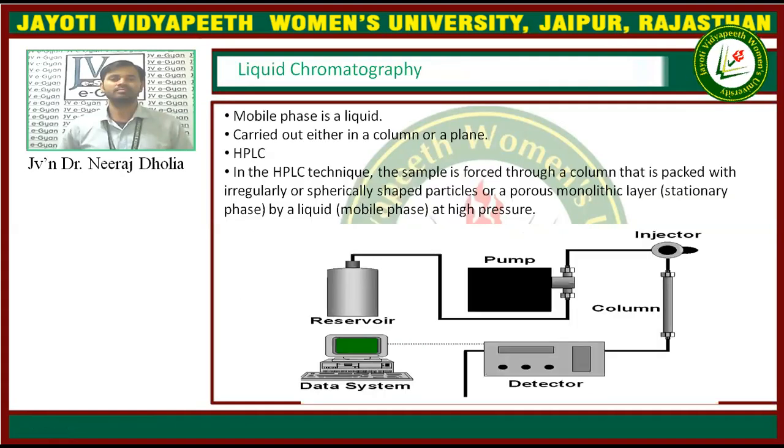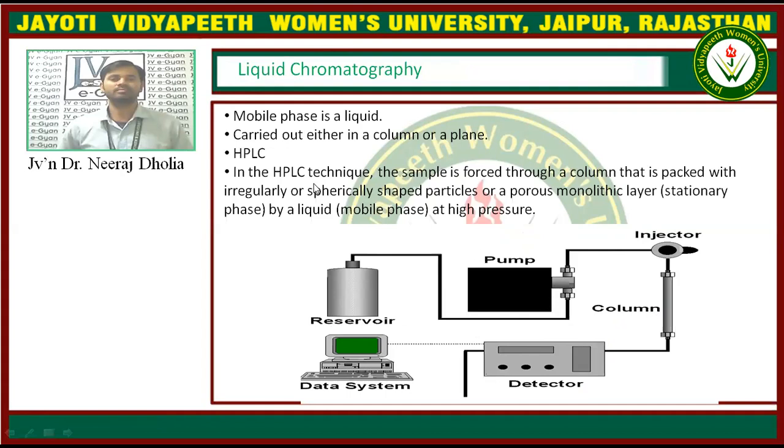Next is liquid chromatography. The best example of liquid chromatography is HPLC, which is a modified version of liquid chromatography. What is liquid chromatography? Here the mobile phase is a liquid and it is carried out either in a column or a plane. A column is used, and the mobile phase is moved through the column.